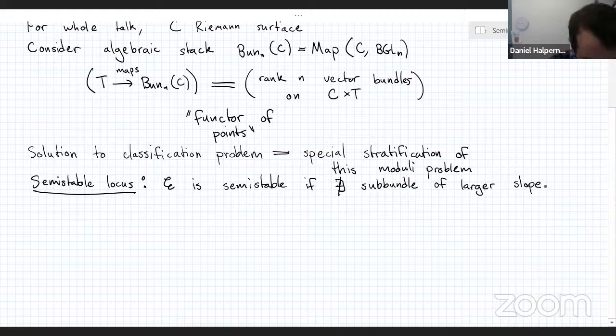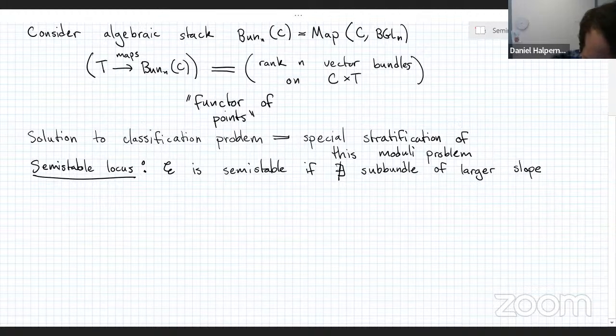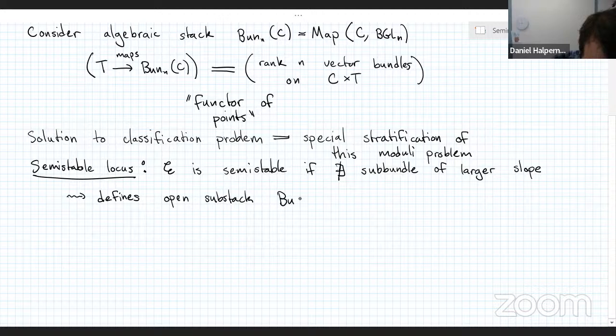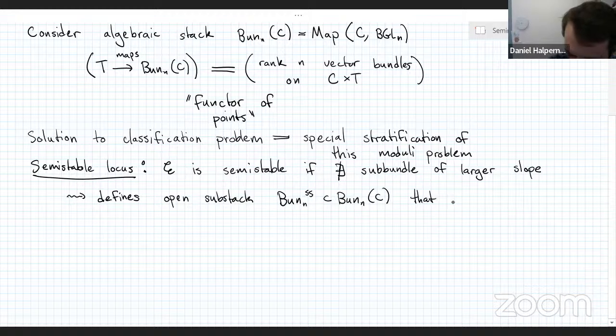I'll explain what that means visually in a second. The point is that this condition defines an open substack, and this open substack admits a projective good moduli space.